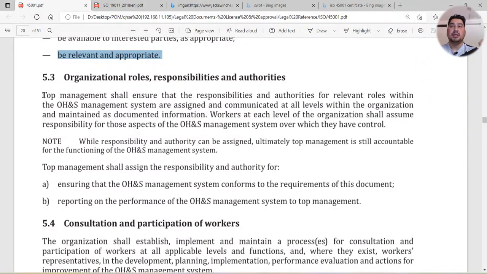The simple way is to create the JD, job responsibilities. When you are creating the job responsibilities, make sure the requirement of the business and the requirement of the OHS management system are there: what the responsibilities are position-wise, what they can do, and what their authorities are, whether they are authorized to stop the business, stop the production, stop the activity or not.